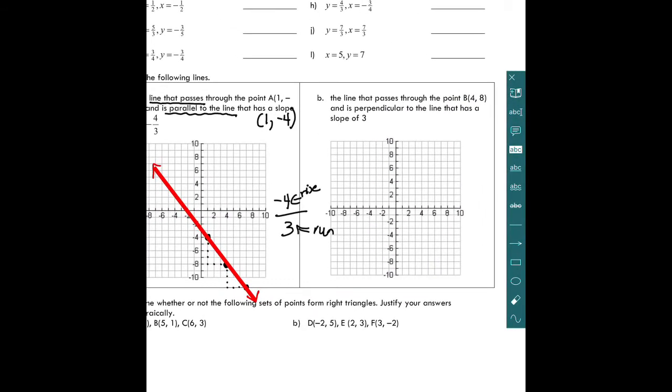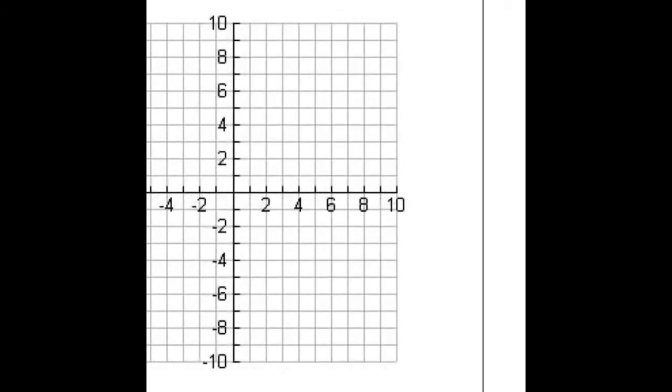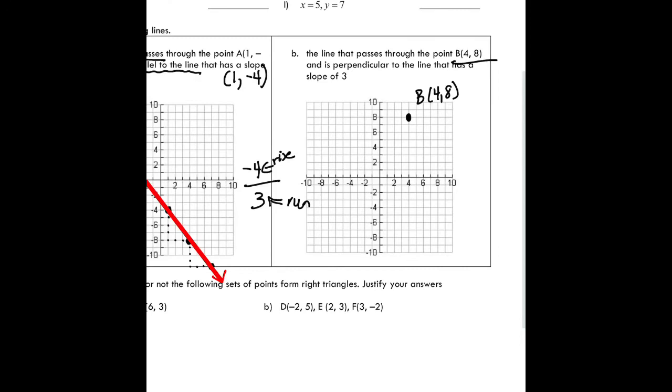Now in question B, we're supposed to draw a line that passes through the point B, 4 and 8, and is perpendicular to the line that has a slope of 3. So once again, I'm going to start with the point that I know. It goes through 4 and 8. So here's 4 and 8 right here. So there's point B at 4 and 8. Now, my line is going through that point.